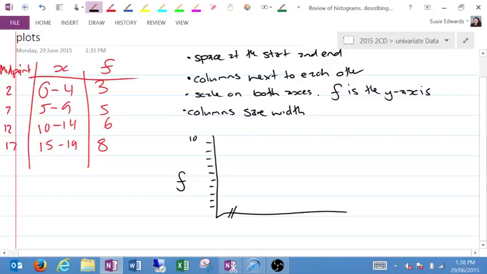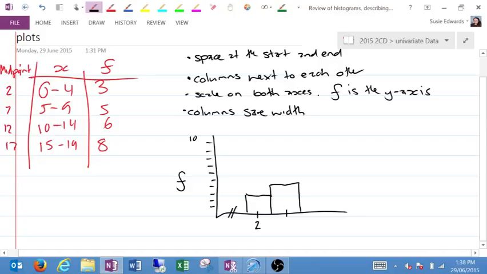And so what I can do is I can go, okay, there's 3 at the midpoint of 2. So I'm going to draw a column. And my midpoint is 2. That's my scale. It's right in the middle, because midpoint will be in the middle, won't it? That's it. Okay? Then I draw another column, which goes up to 5, which is the same width.